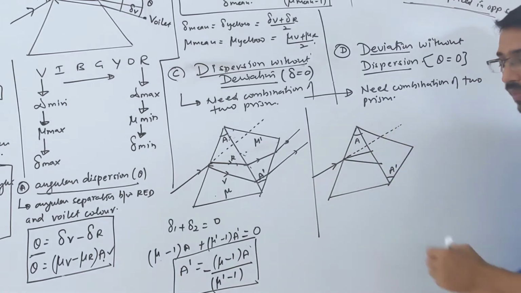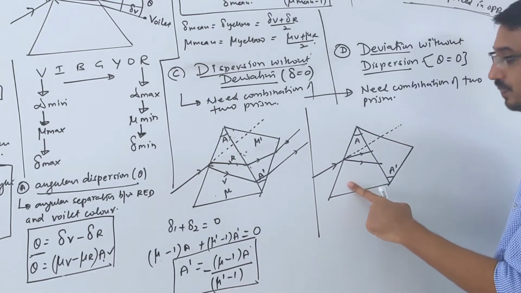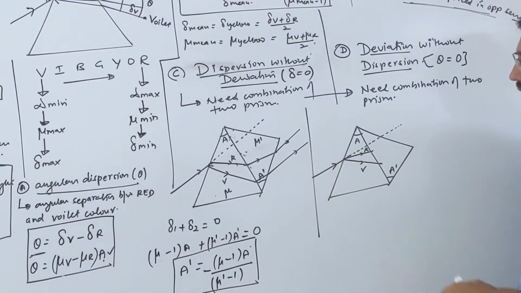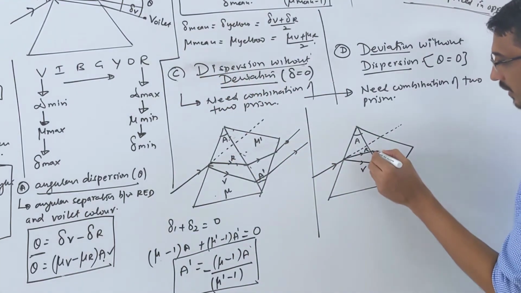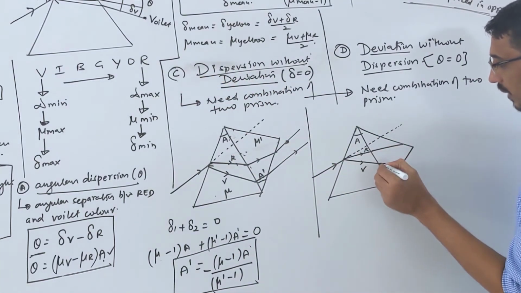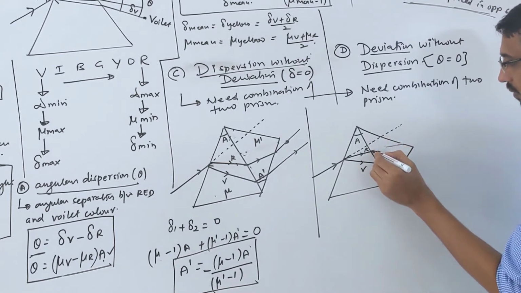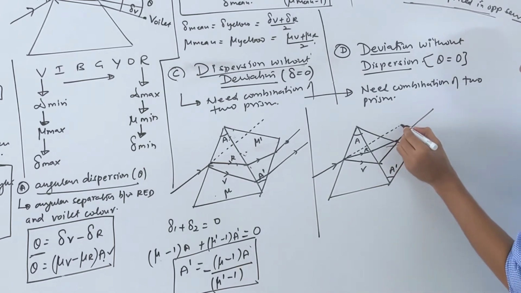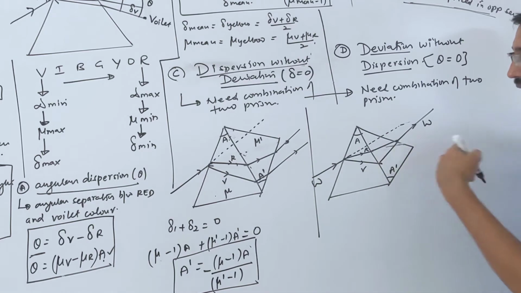The first prism is splitting into two colors, red and violet. Then the second prism combines them and produces white light again, like this. So there will be deviation, but you get white light again.